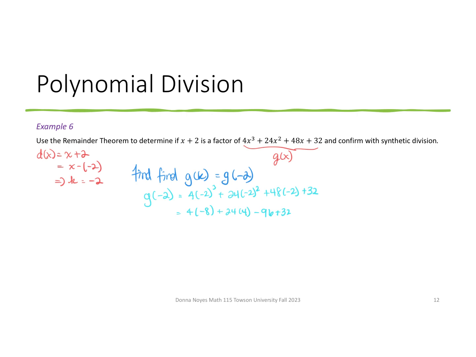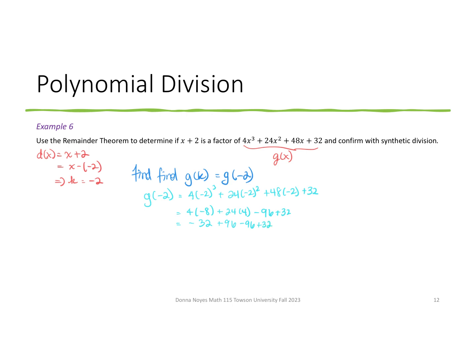So let's see what happens when we find out these numbers. We end up with 4 times negative 8 is negative 32. 24 times 4 is going to give us 96. And then we've got minus 96 and plus 32.